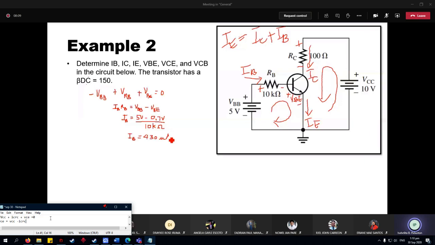Okay. So, the beta is given. What else can we solve here? We can solve the IC, because the beta is given to be 150. So, therefore, IC, memorize this, IC is equal to beta IB. So, IC is equal to 150 times 430 microampere. So, your IC will be equal to 64.93 milliamperes.